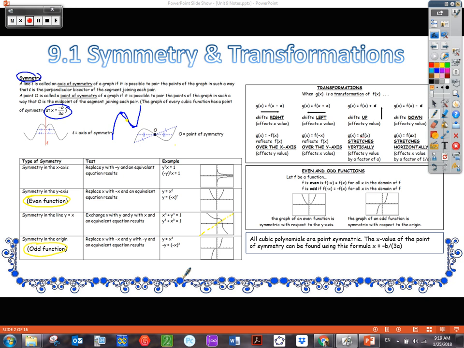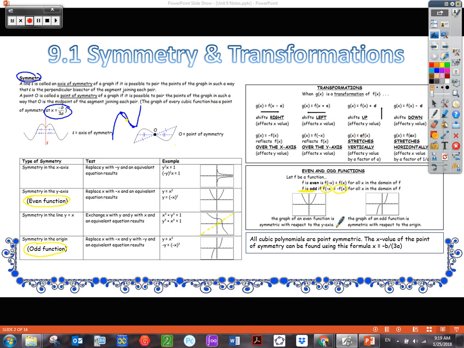The other odd test, I'm going to just go straight to it so we're all together. The other odd test is where we do f of negative x. If we plug a negative x in and we get exactly the opposite of what we started with, then that is a different test for odd. Okay? So those are different tests. If one doesn't work, you might try the other one.